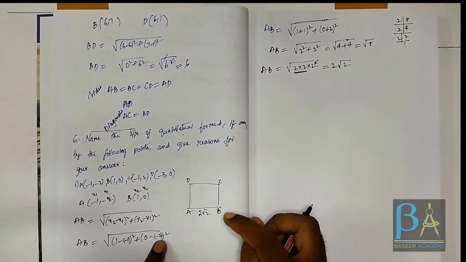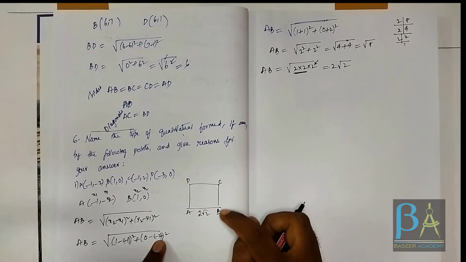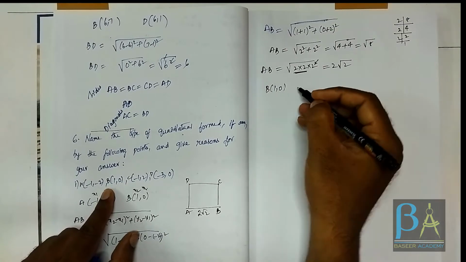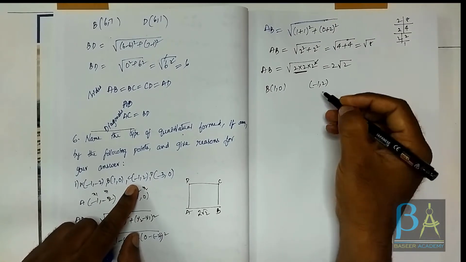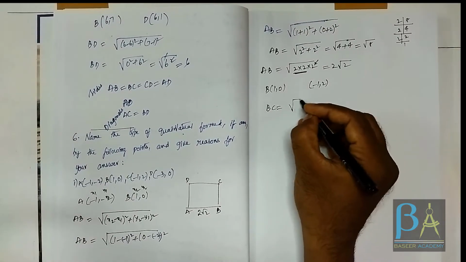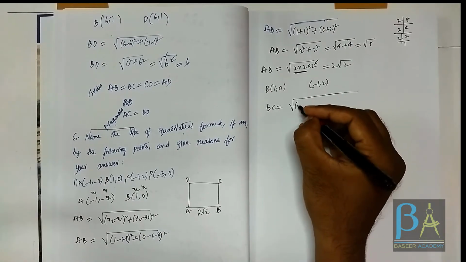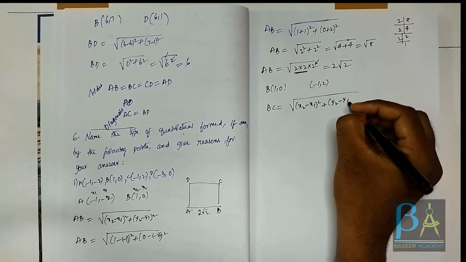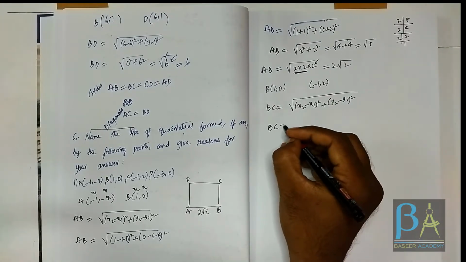In the same manner, let us find out the side BC. Let me first write the point B and point C. Point B is 1 comma 0, and then point C is minus 1 comma 2. So what is BC going to be? Let us write the formula and substitute in the formula. x2 minus x1 whole square plus y2 minus y1 whole square.